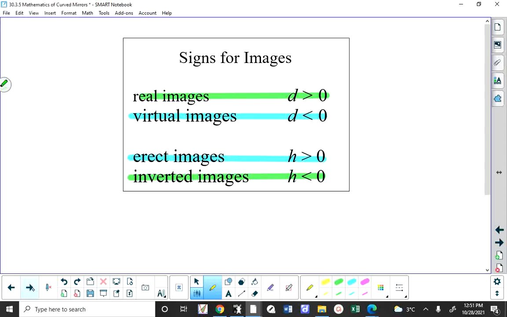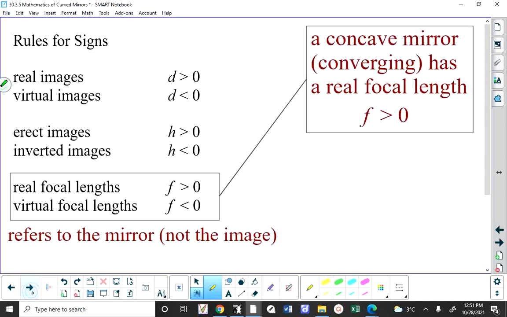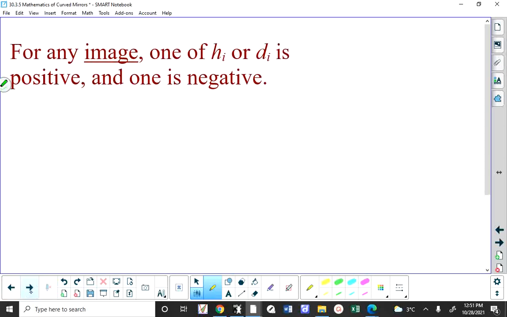And I'll just show you something now. I'll jump ahead. For any image, this is in your notes, just let it percolate in your brain. For any image, one of HI or DI is positive and the other is negative. Okay? So if you know that an image has a positive height, you know the displacement of the image must be negative.